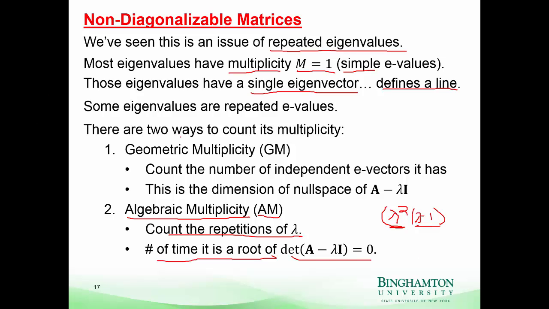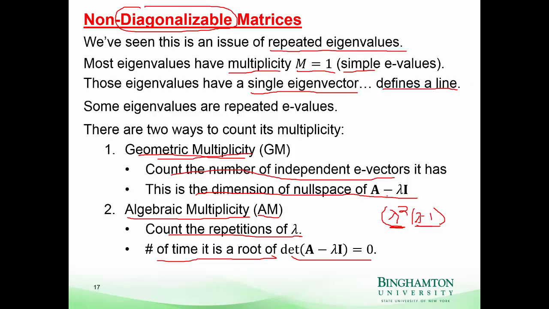Now the geometric multiplicity is what captures when we can and when we cannot diagonalize a matrix. We've already said it's not just the repeated eigenvalues that cause the problem; repeated eigenvalues open up the possibility. For geometric multiplicity, we just count the number of independent eigenvectors it has. This is the dimension of the null space of A minus lambda I, for a given eigenvalue.